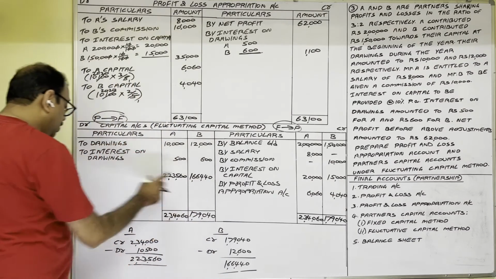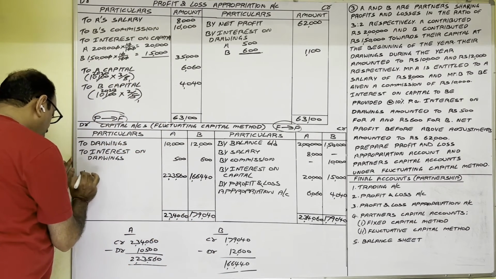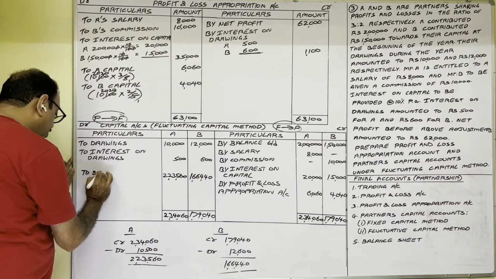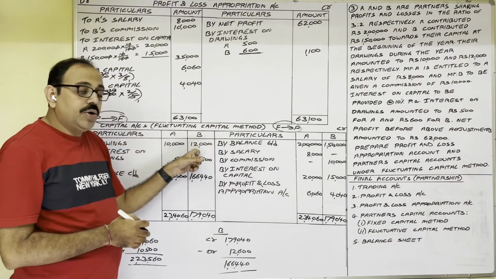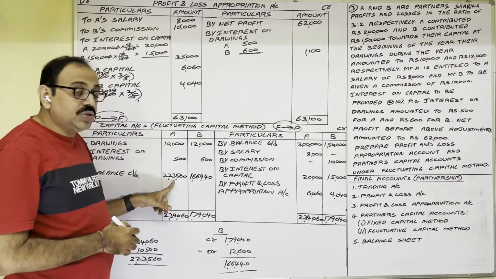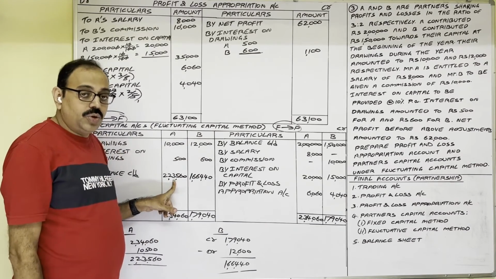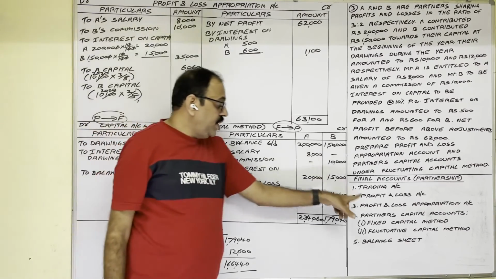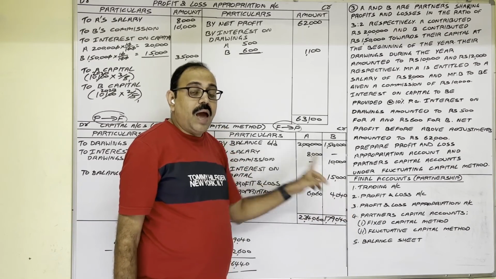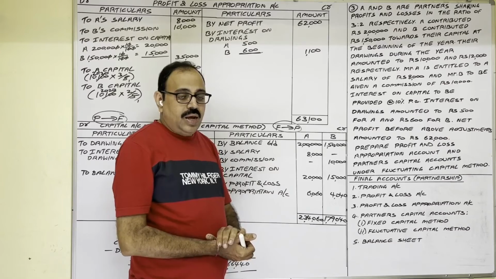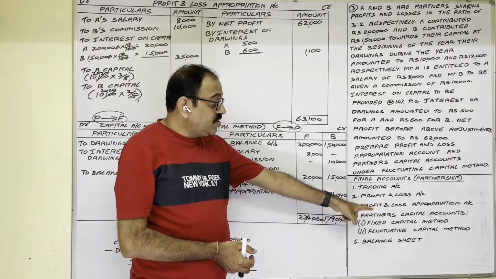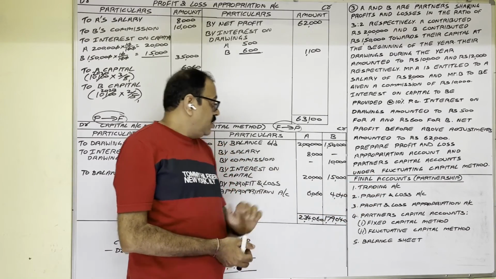For these two answers, here you have to write balance carried down. Which balance is this? Credit total is more than debit total, no? So this balance is known as credit balance. So remember, under the fluctuating capital method, capital accounts of the partners show credit balance. And why is this method known as the fluctuating capital method?